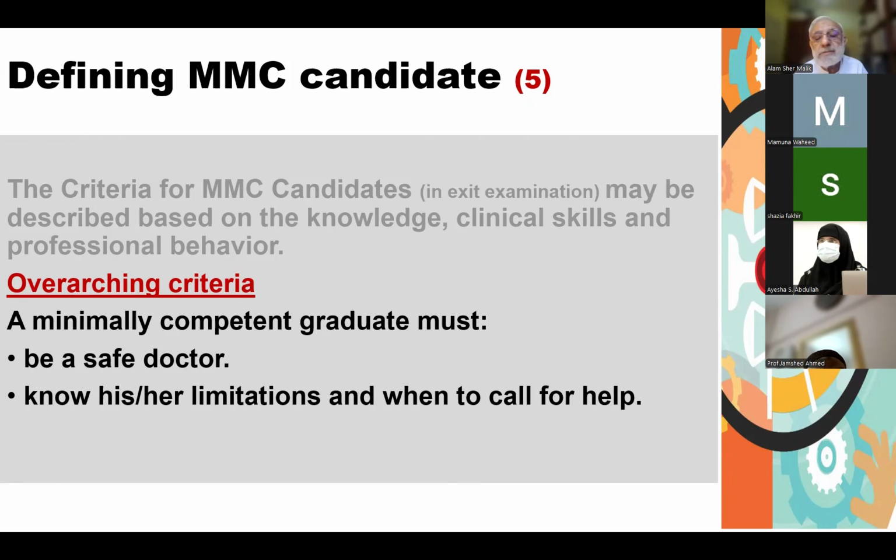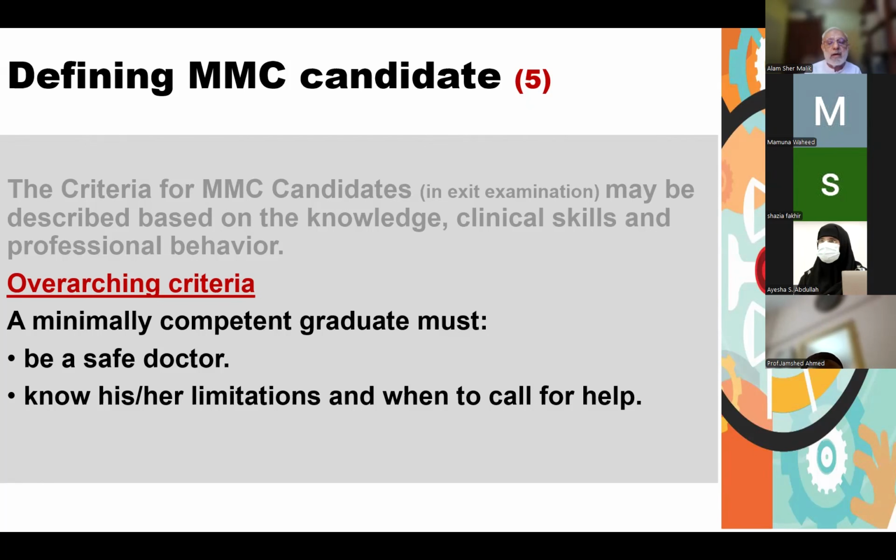So first thing is overarching criteria. The first thing which we must keep in mind, as I mentioned earlier, is that a minimally competent graduate must be a safe doctor, one overarching criterion. And secondly, know his or her limitations and when to call for help, right?